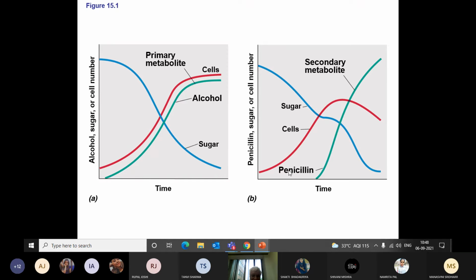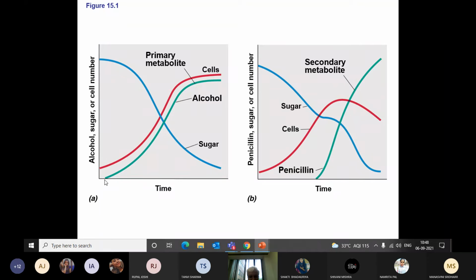And now concentrate on the penicillin production. I think one of you very nicely pointed out that alcohol production took place just when the cell numbers were growing, once a certain number was reached. See, the penicillin production started so late, almost 2 or 3 days.